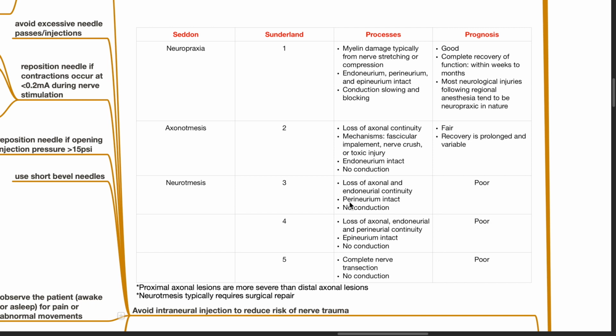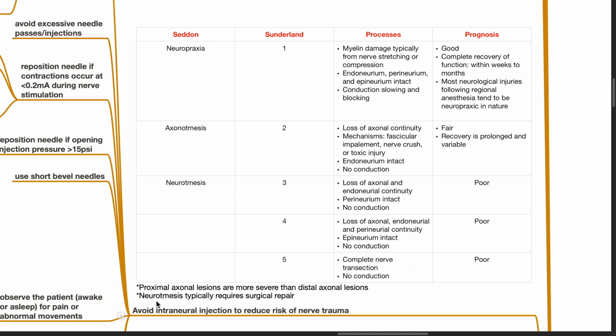Perineurium is intact. There is no nerve conduction. Prognosis is poor. For Sunderland stage 4, there is loss of axonal, endoneurial and perineurial continuity, epineurium intact, no conduction, prognosis is poor. For Sunderland stage 5, complete nerve transection, no nerve conduction, prognosis is poor.